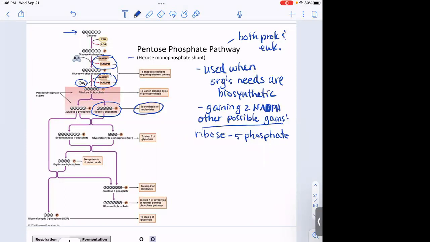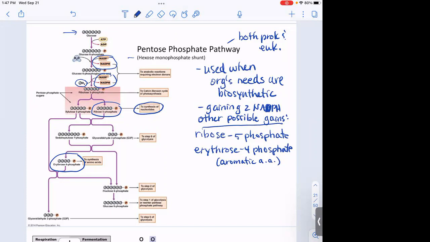Again, depending what the cell needs, there might be some reconfigurations and we may end up with erythrose 4-phosphate. And that's used for cells to build aromatic amino acids. Now, humans can't make the ringed amino acids, but a lot of bacteria can. So that's something that only bacteria do.